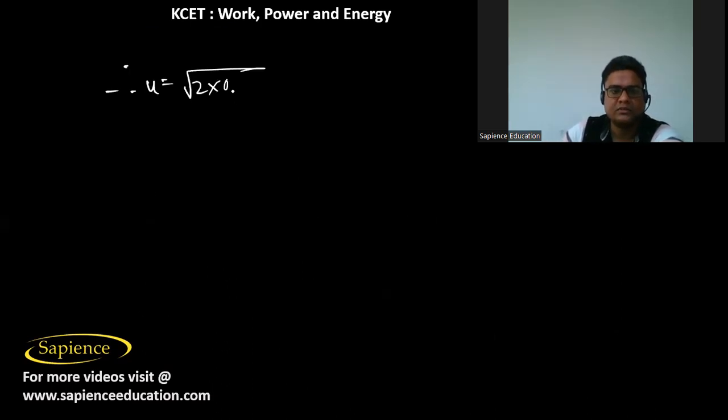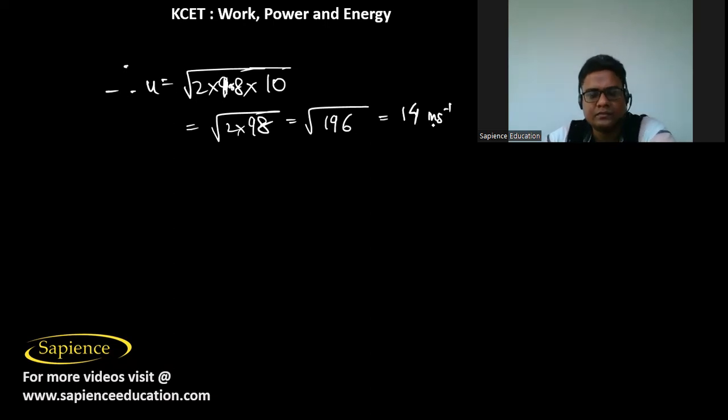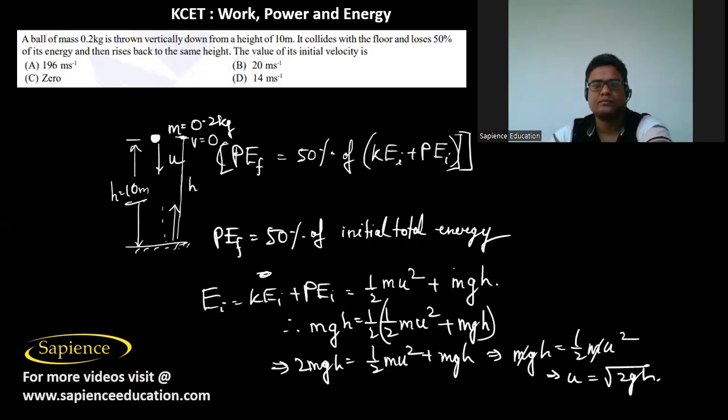So 2g h, g is 9.8, into height 10. So root over 2 into 98, that is root over 196, which is equal to 14 meter per second. So option D is the correct answer.